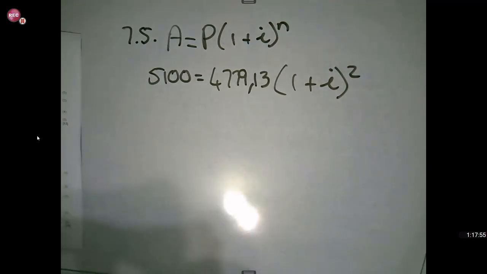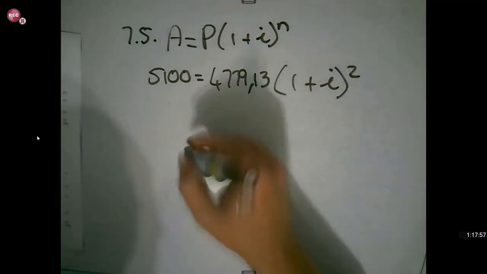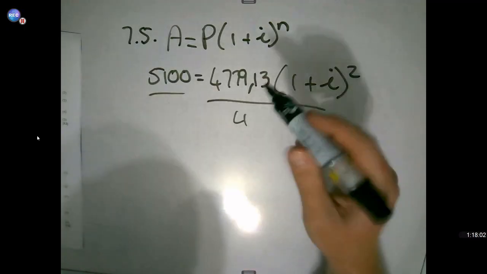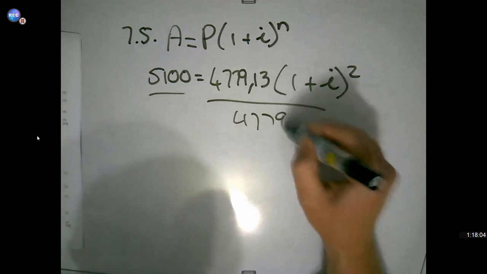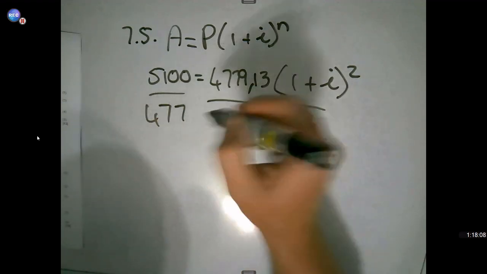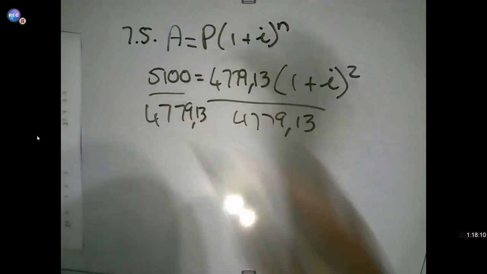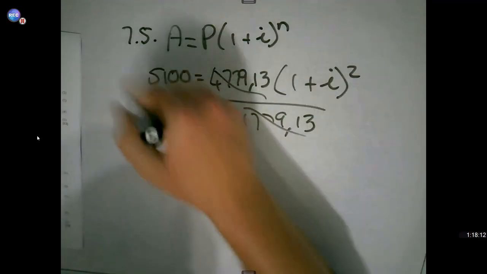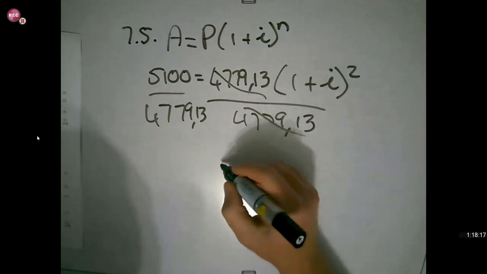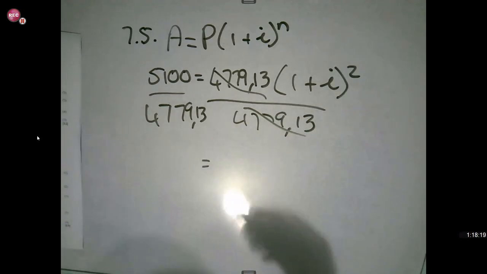So when you go and divide by 4,779.13, do it both sides. Oh, there we go. These would cancel out. Obviously, you'd leave that as is. You would then get i on its own. So what we'll do then is, let me go through the full process.